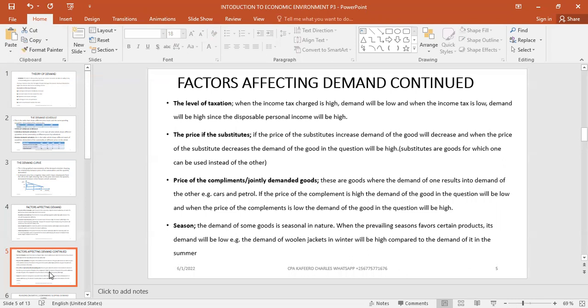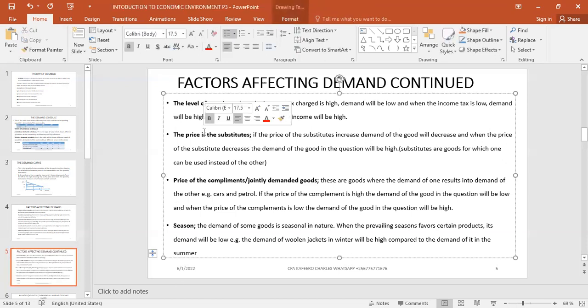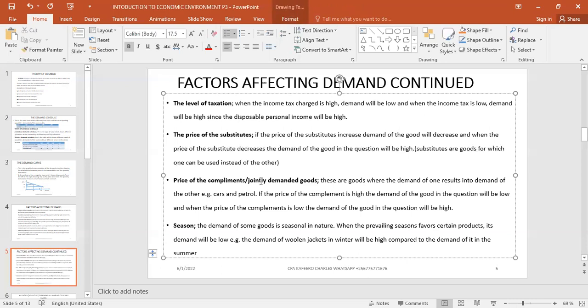The other thing we can talk about is the prices of the substitutes. We are talking about the price of the substitutes in the sense that these substitutes are the items or goods which one can use instead of the other.